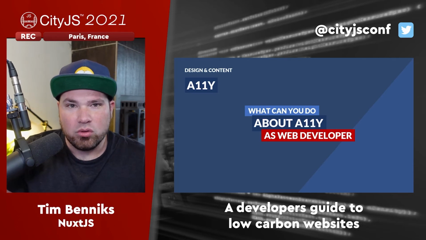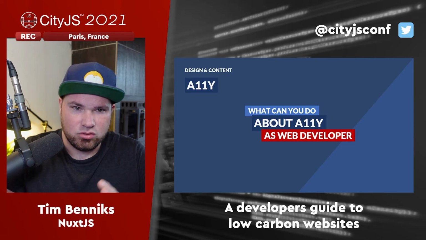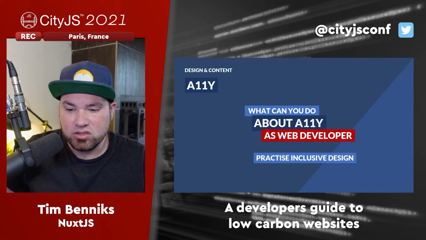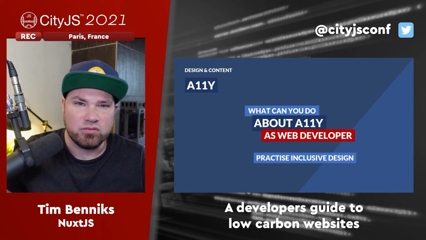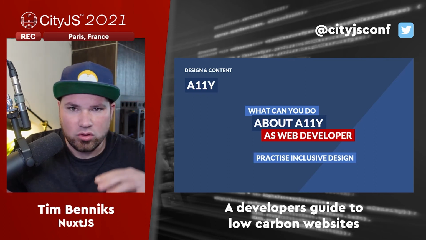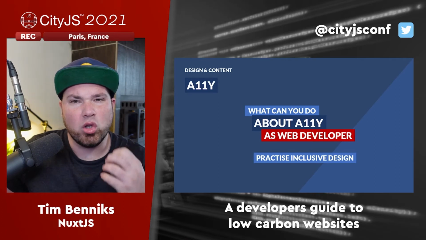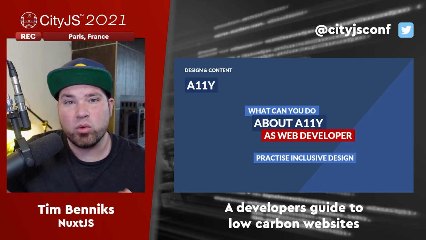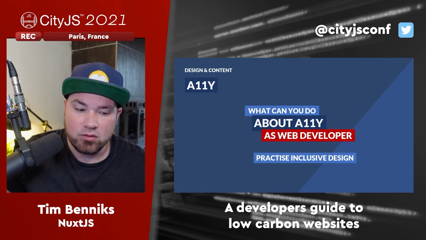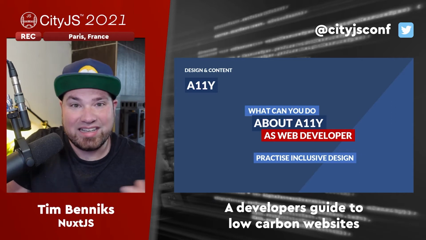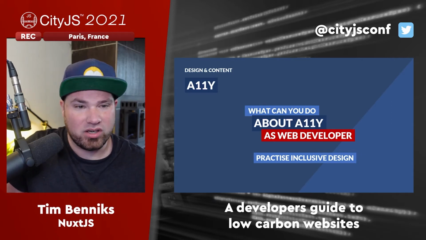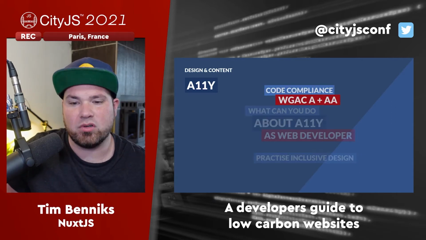What you can do about accessibility as a web developer that really makes the website easier to navigate for everybody is to make sure that you practice inclusive design. And even if you don't have the opportunity to talk to your UX people, the design people, you can do a lot yourself to make that website more accessible for everybody. And therefore, it takes less time to use it and people don't get frustrated and have to try 4 more times, right?